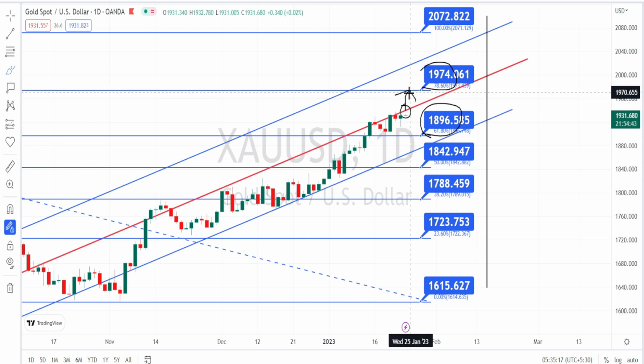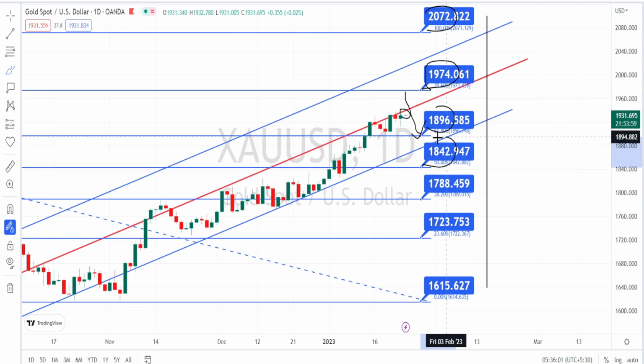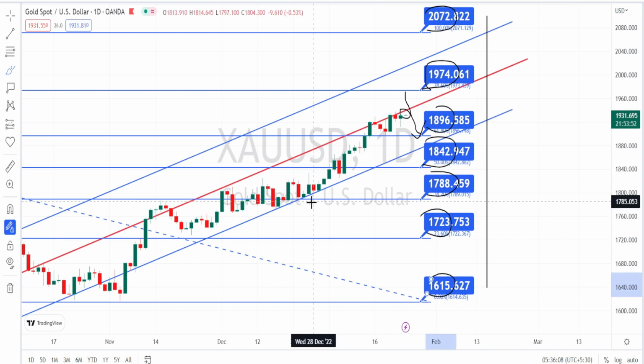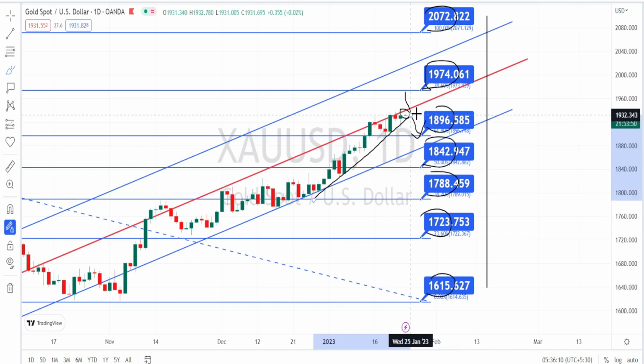And once this level is broken, next level of resistance is going to be the bullish channel pattern resistance line and the resistance level of 2072. And if the price action bounces back on the bearish side retracement, the immediate support is going to be around 1896, 1842, 1788, 1723 and 1615. And the current trend of the price action in daily time frame is in a bullish trend.